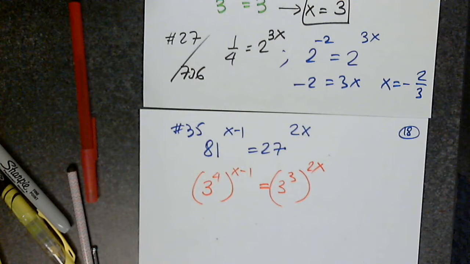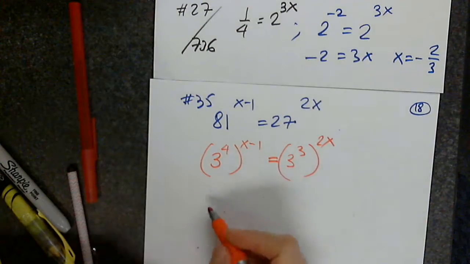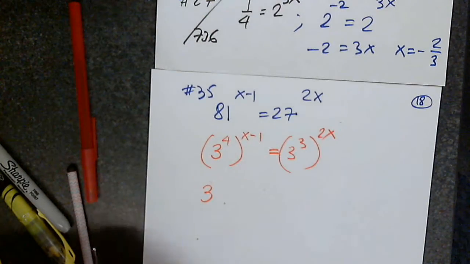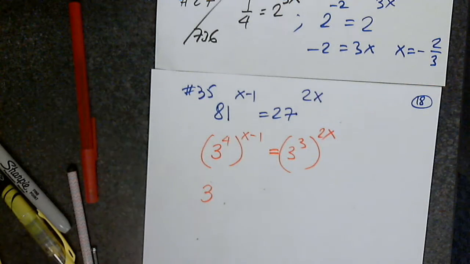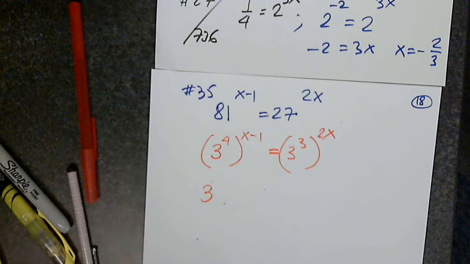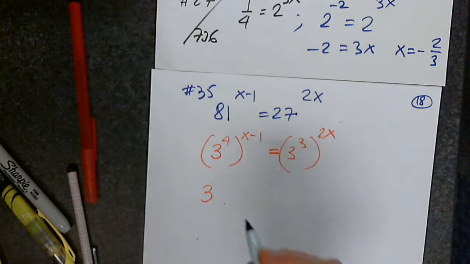The left-hand side, I copy the base and I have to remember what to do with the exponents. So I copy the base and the exponents will be, what do we do with 4 and x minus 1? 4 times x minus 1, in parentheses if you want to say that.